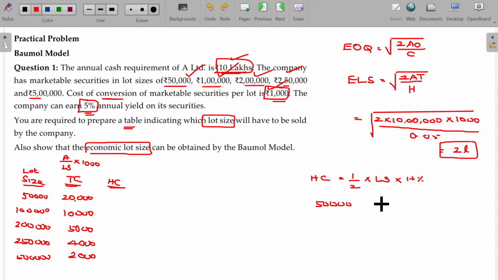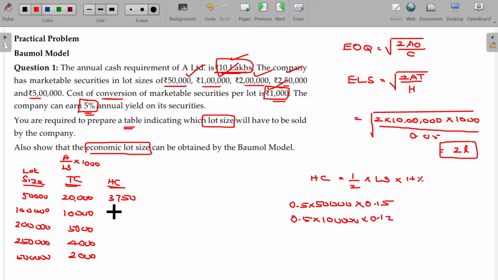I do this way. Half is 0.5 into 50,000 into 0.15. What's the value? 3,750. Next one is 0.5 into lot size 1 lakh into 0.15.